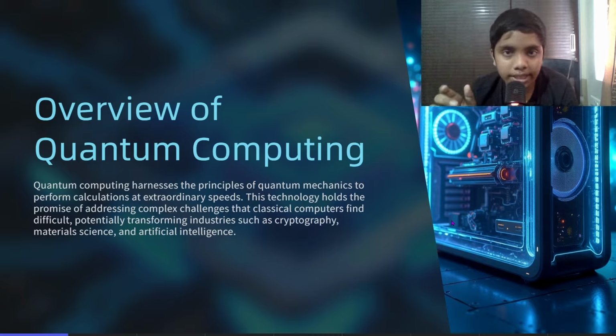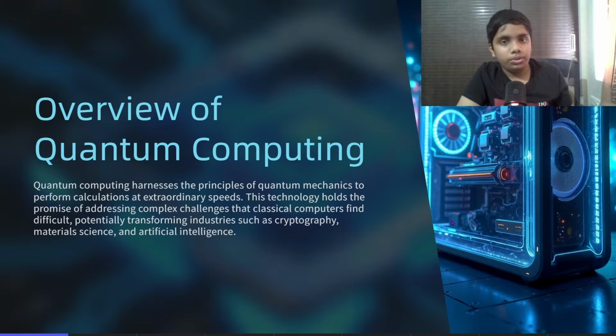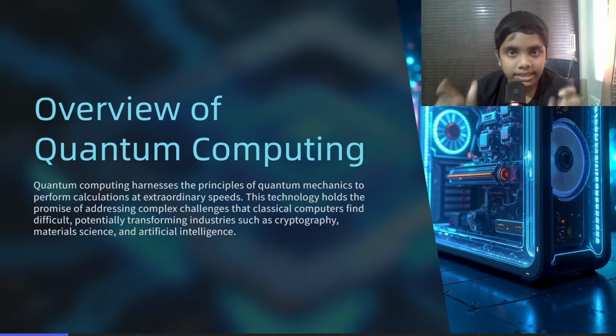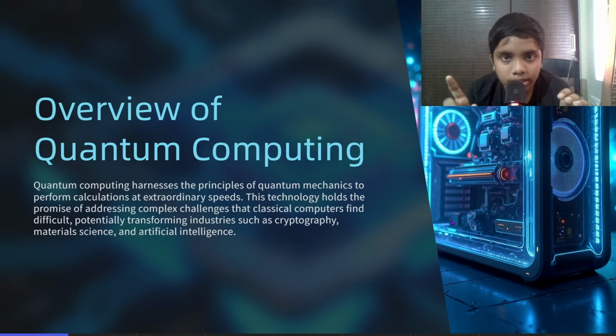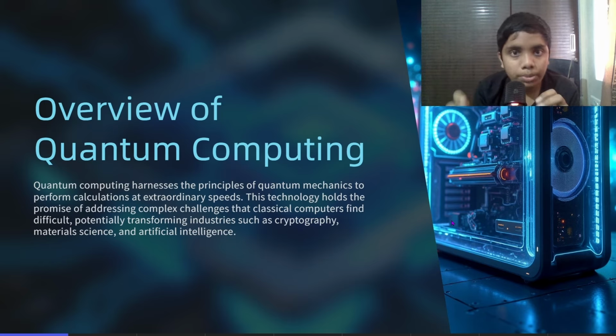Before we get started on how a quantum computer works, we need to know what quantum computing is. Unlike our normal devices like our laptops, phones, iPads, tabs and everything, which are all called classical computers and just work normally, quantum computers use the principles of quantum physics to perform calculations at very high speeds.